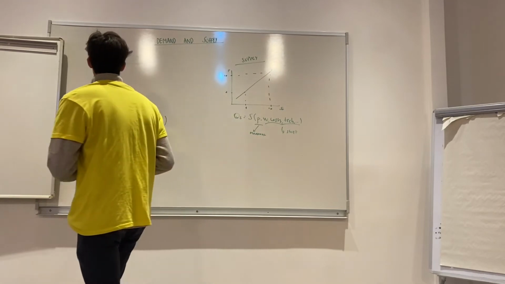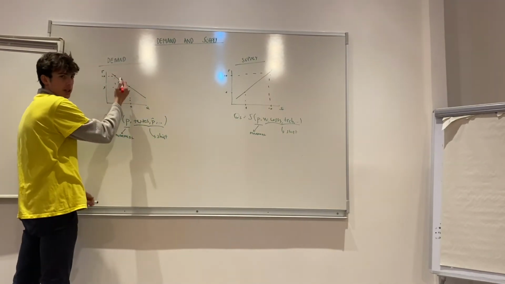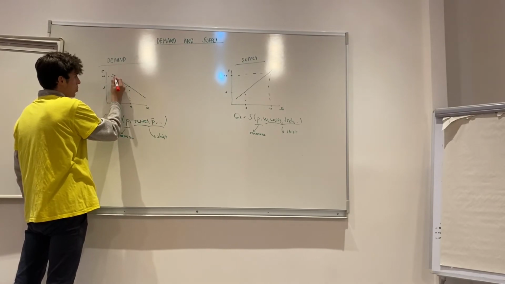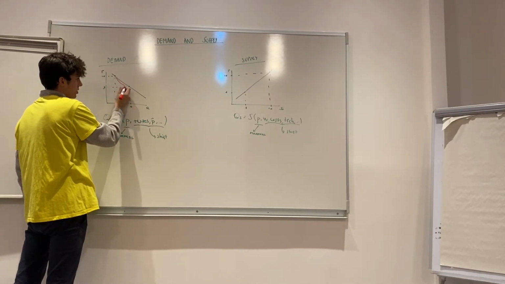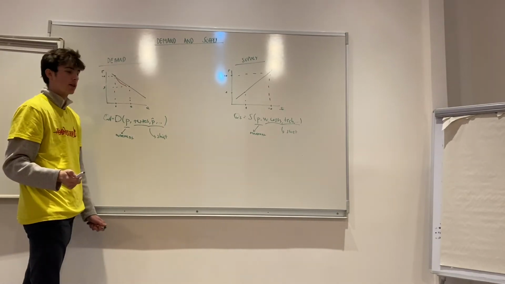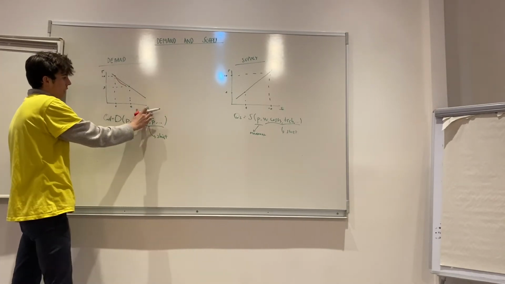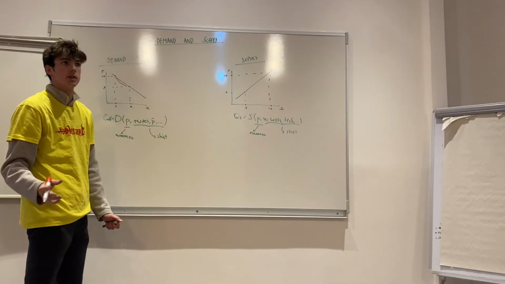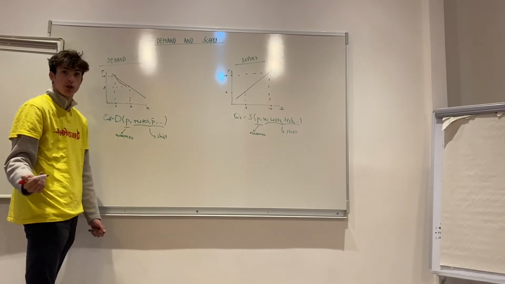A movement in the demand curve would be something like what we see here. When price goes down to 5, the quantity demanded will go up right here. However, imagine this is the market for wine. Now people like wine much more because they had a very good year and they had very good grapes.